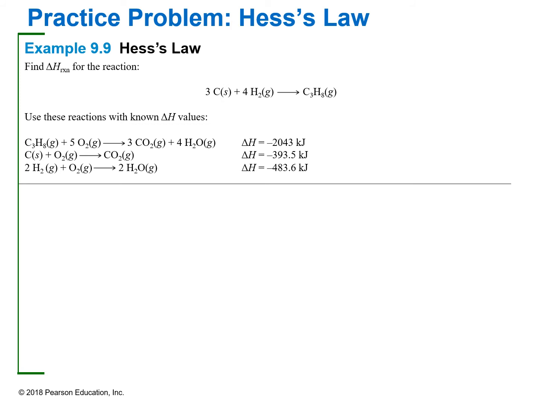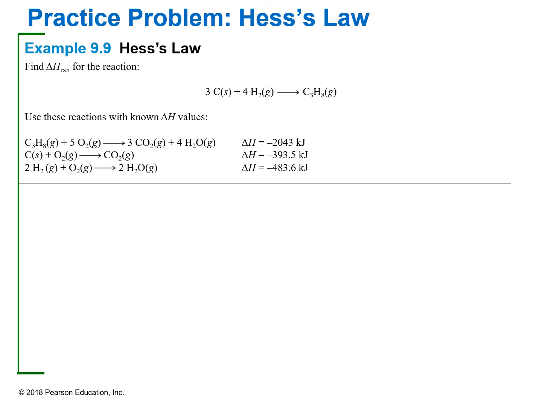And there are 3 equations that will kind of get us there, and here they are right down here. Now each one of these reactions has its own enthalpy, delta H. Are we going to be able to use these 3 equations and their delta H's to figure out the delta H of our final reaction? Why, indeed we are. And I will show you how we're going to do that.